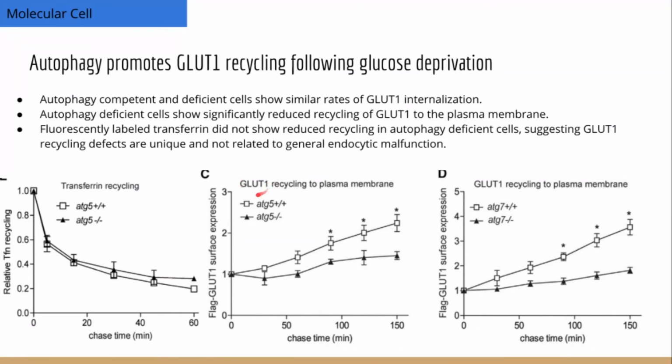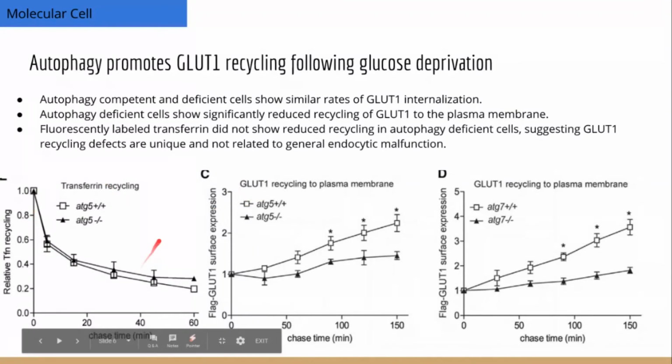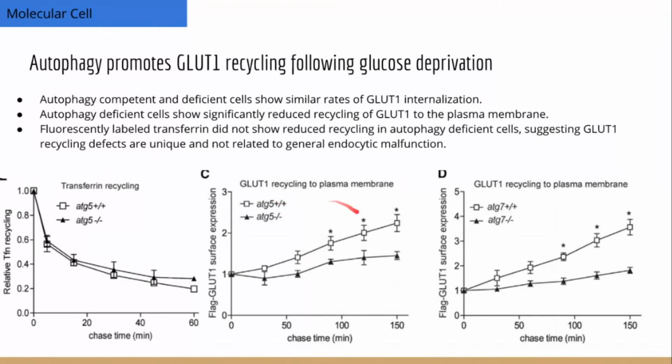So now they're saying autophagy impairs something that's very specific to GLUT1 and not to the general endocytic pathway. So to answer what is specifically wrong with GLUT1, they next decided to look directly into cells and to watch what's happening to GLUT1 when it should have been recycled to the plasma membrane.